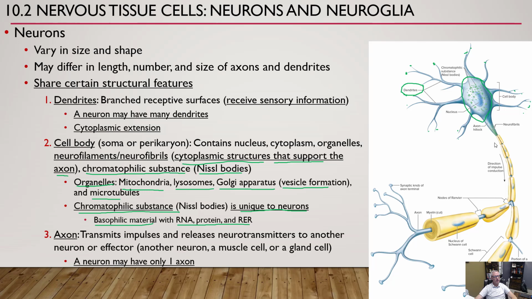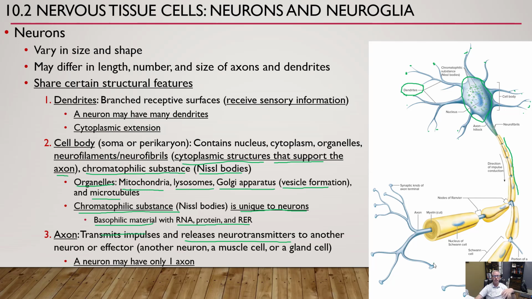And then we have this thing called an axon, and that's what this thing is. And that's what transmits that electrical impulse down through the axon, and it releases neurotransmitters to either another neuron or some sort of effector.